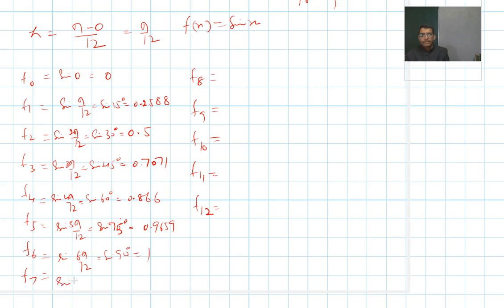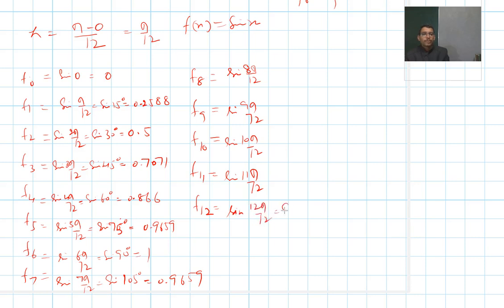Similarly, sine of 7 pi by 12 is sine of 105 degrees, and its value is 0.9659. Now I can evaluate f8 to f12: sine of 8 pi by 12, sine of 9 pi by 12, sine of 10 pi by 12, sine of 11 pi by 12, and sine of 12 pi by 12, which is sine of pi or sine of 180 degrees.